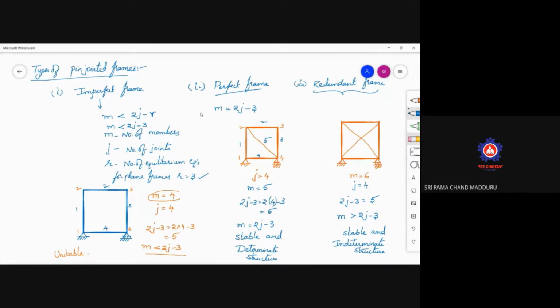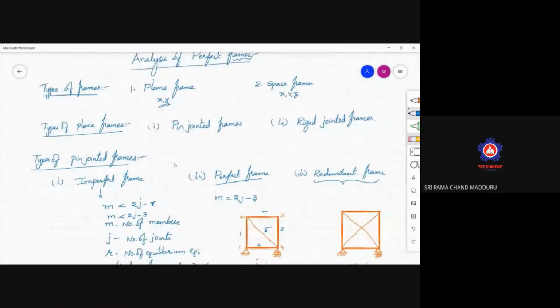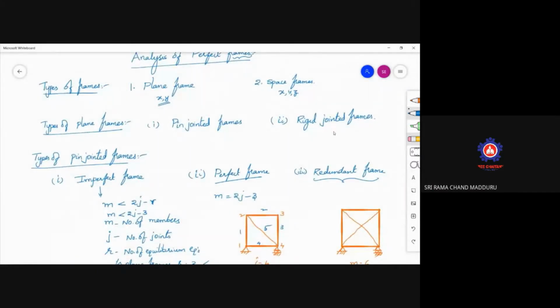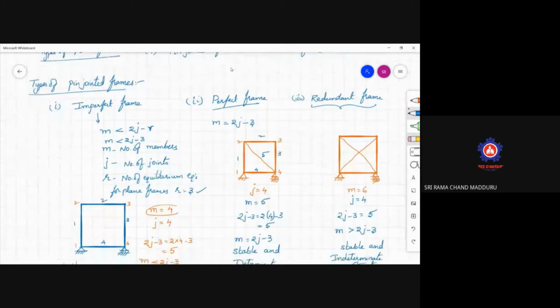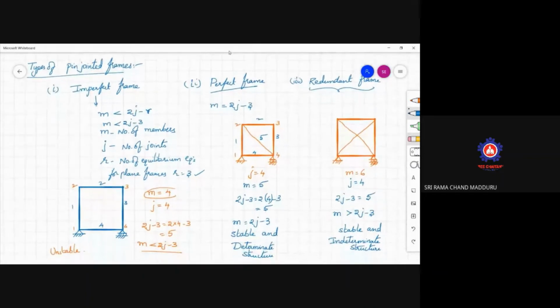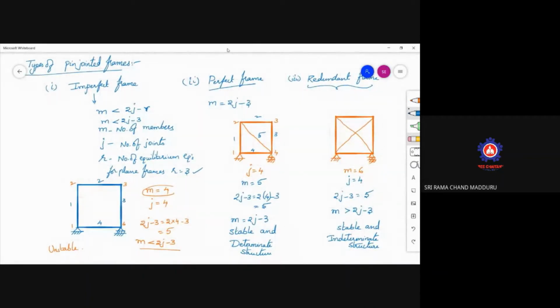The plane frames have two categories: pin jointed frames and rigid jointed frames. Pin jointed frames are classified as imperfect, perfect, and redundant frames. We are now studying the methods to analyze pin jointed perfect plane frames.